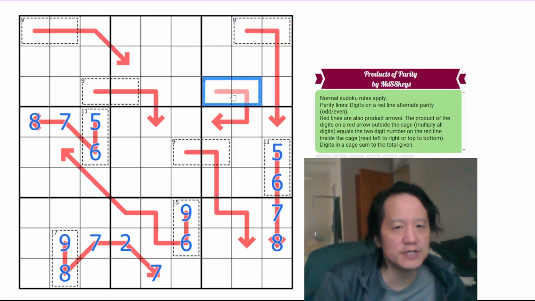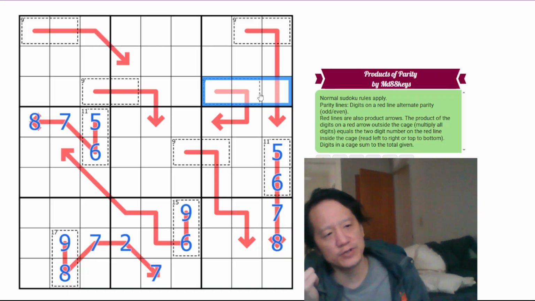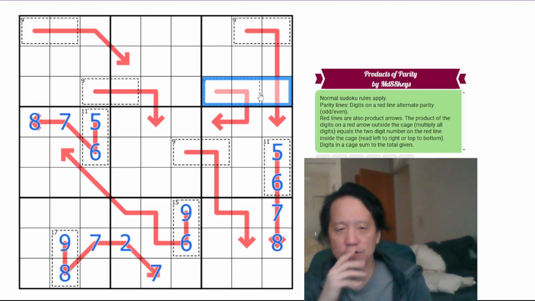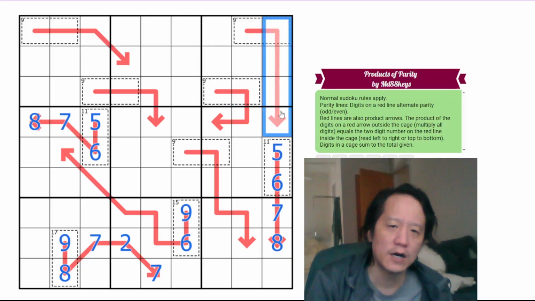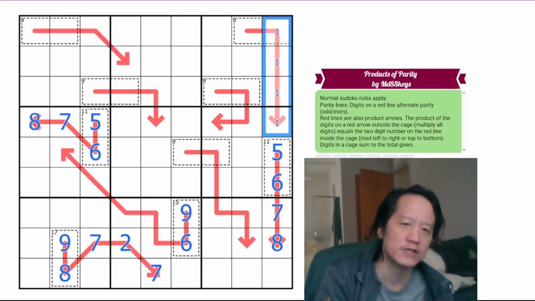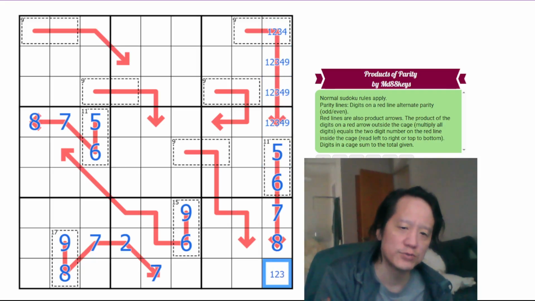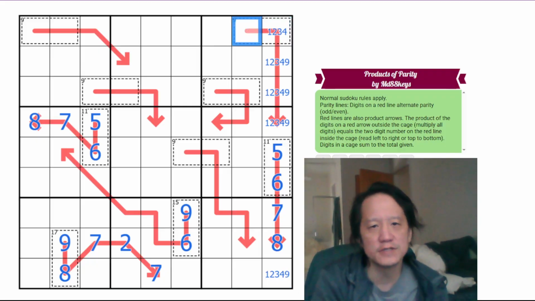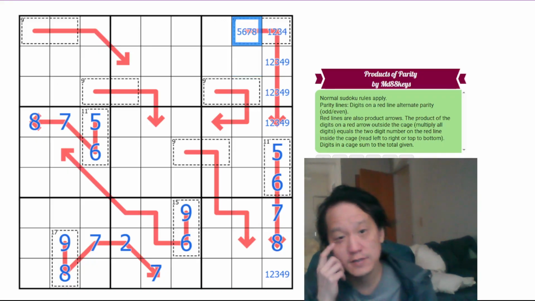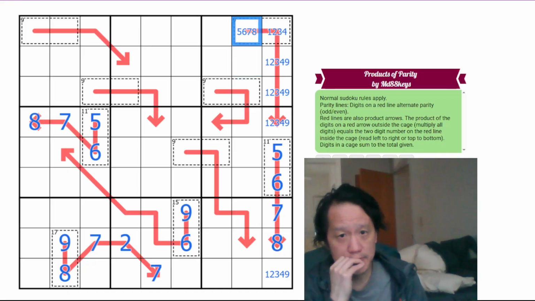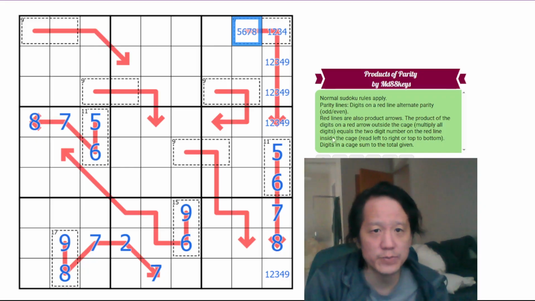So to add up to 9, you have 1, 8, 2, 7, 3, 6, or 4, 5. Also, the remaining digits in column 9 have to be 1, 2, 3, 4, and 9. So these all could be 9. This is 1, 2, 3, 4, or 9. This is then 5, 6, 7, 8 to multiply to be the product, essentially.